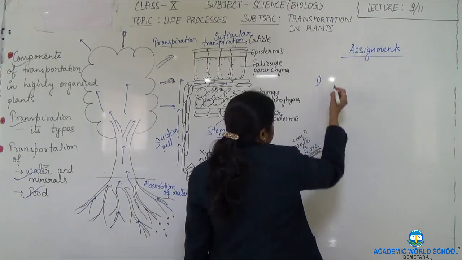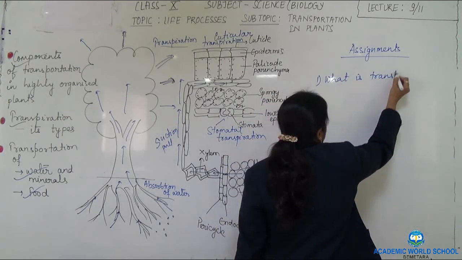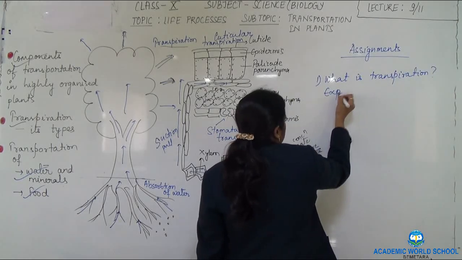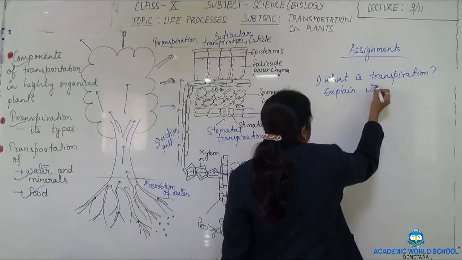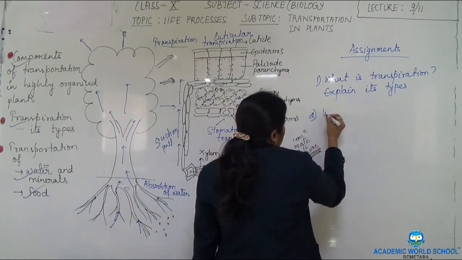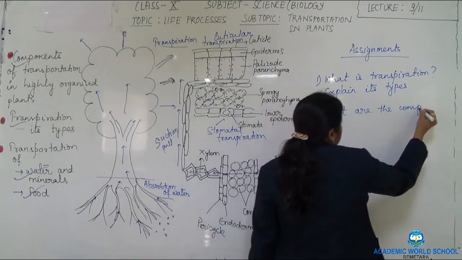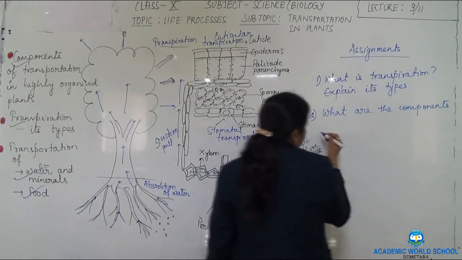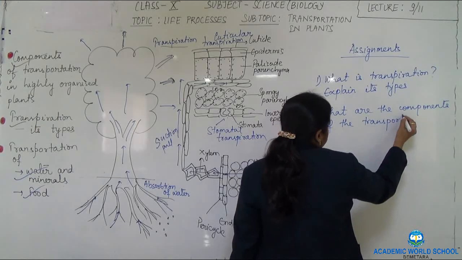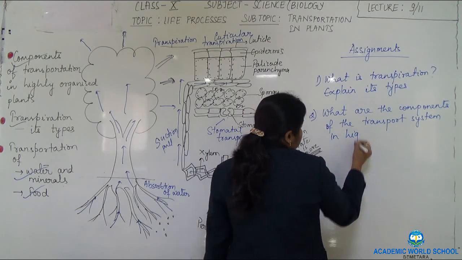The first one, what is transpiration? Explain its types. The second one, what are the components of the transport system in highly organized plants?